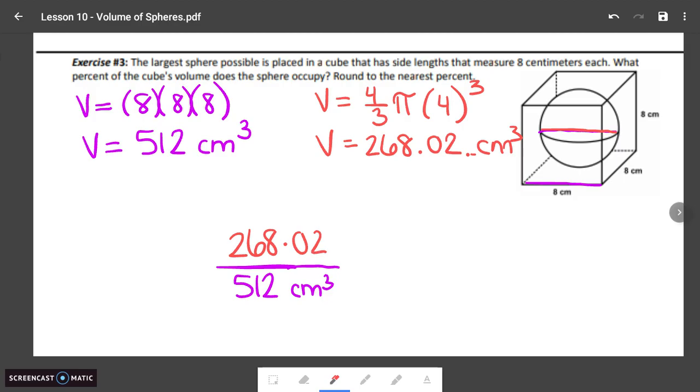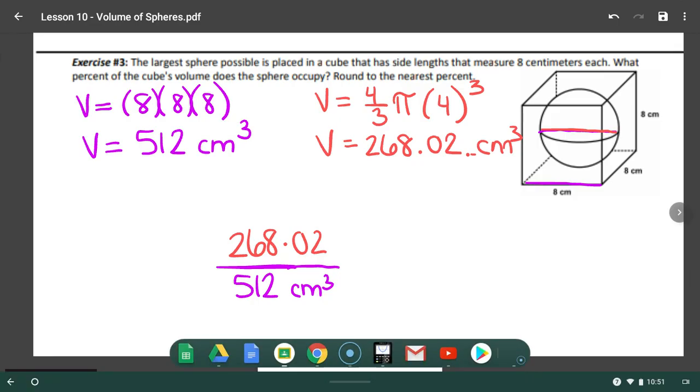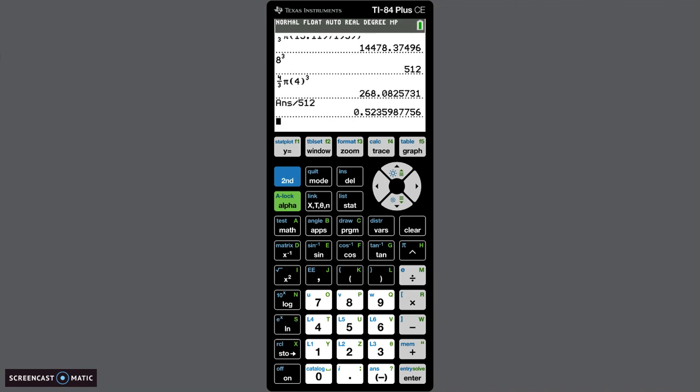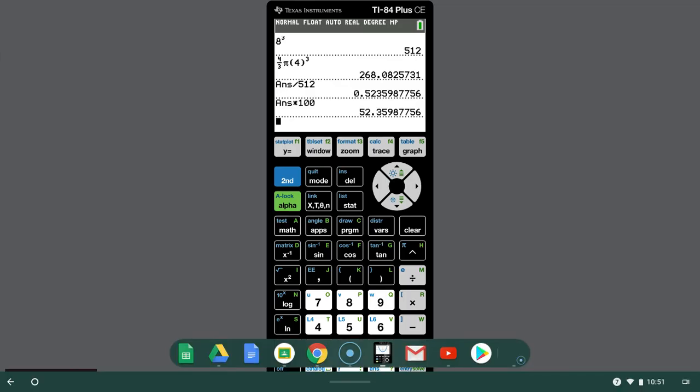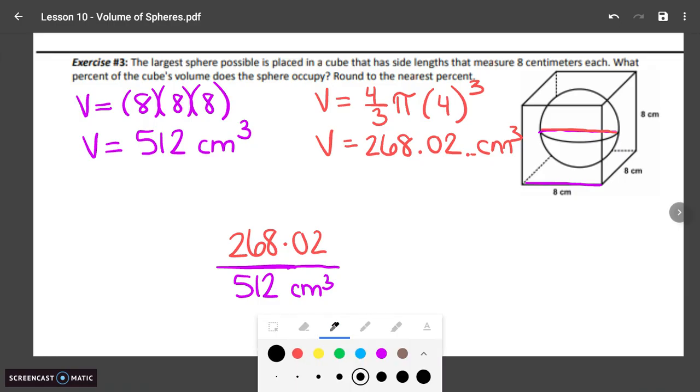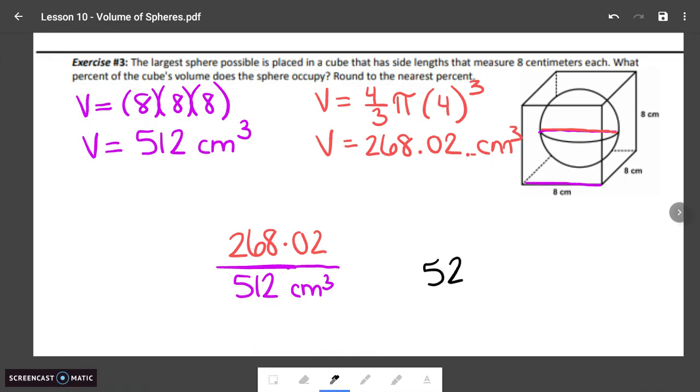Like if you were calculating what you got on a test, like if you got 30 out of 32 points, that's how you calculate percent. So we're going to take that number that's already in here, or 82, excuse me, I was writing it wrong, divided by the 512. And then I multiply it by 100 because it's the total percent. So it's going to be 52%. So 52% of the cube is filled.